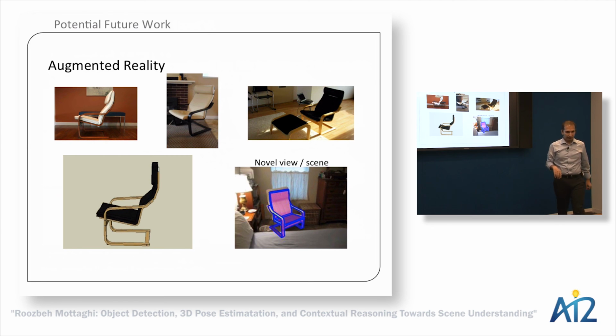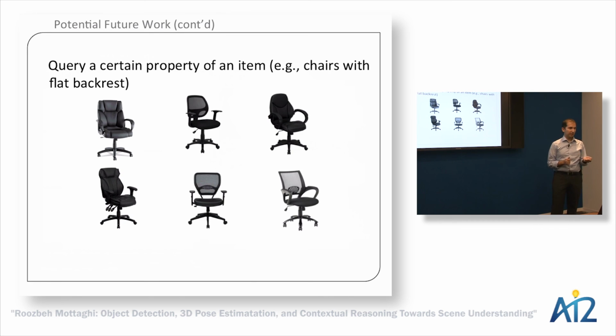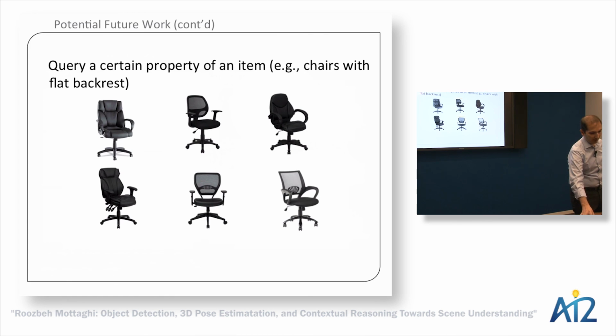Another thing we can do is, instead of searching for the object, we can query a certain property of that object. For example, I want to search for chairs that have a flat backrest, and that's a difficult problem because what does flat mean?